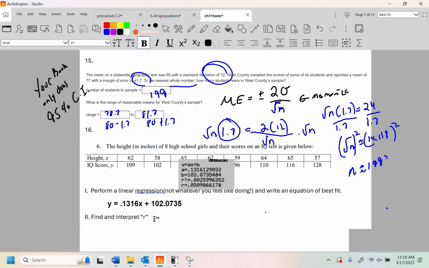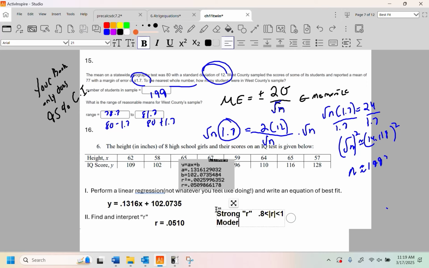It says find and interpret R. So R is given as 0.0509, or let's say 0.05. And I'm supposed to interpret this. Okay, so a strong R is where the absolute value is stuck between 0.8 and 1.